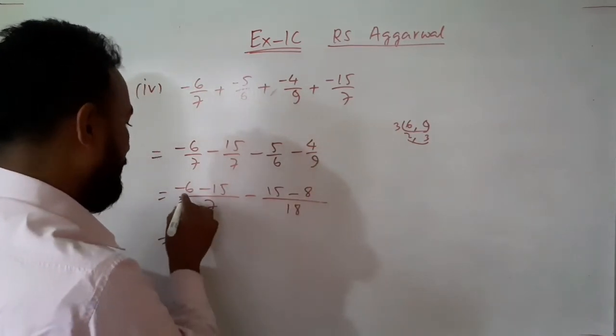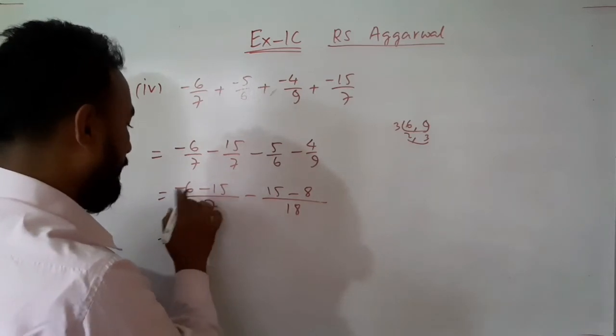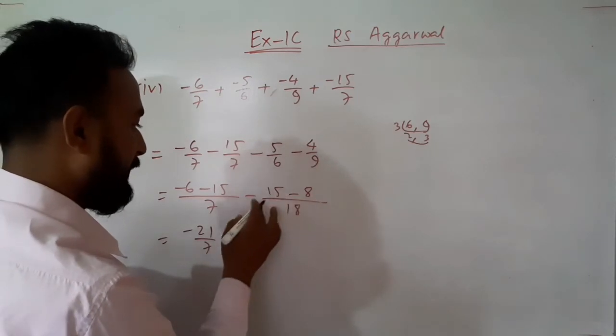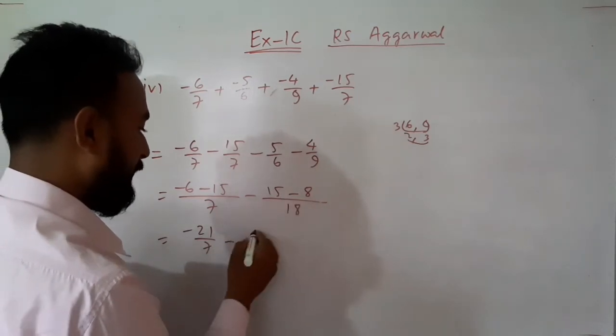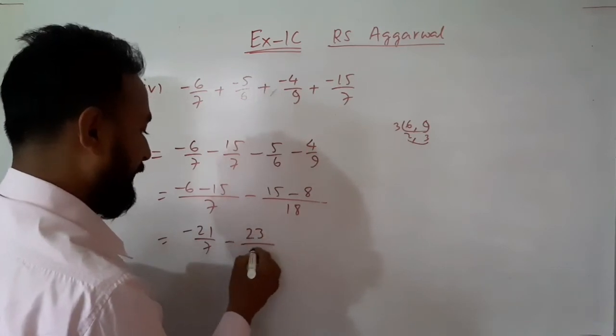So here you have minus 15 and minus 6, and minus 15 plus minus 6 will obviously be minus 21/7, and minus plus here also. So 15 and 8 gives 23/18.